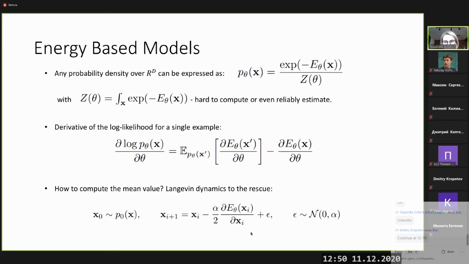Here we introduce a random variable epsilon, and such random variable is usually sampled from the normal distribution with the variance equal to the learning rate in front of the gradient. So this is how the energy-based models work.